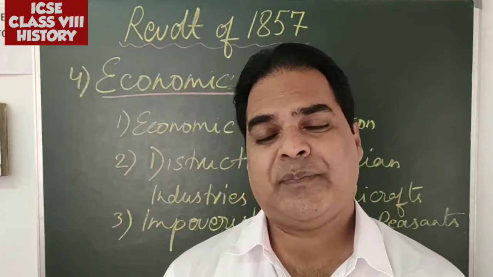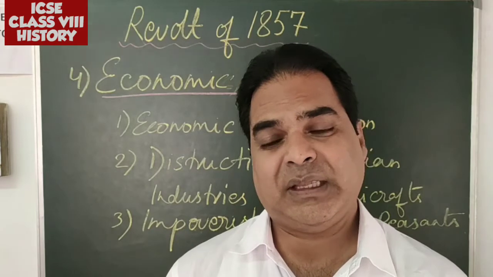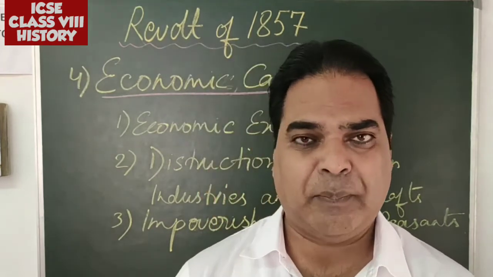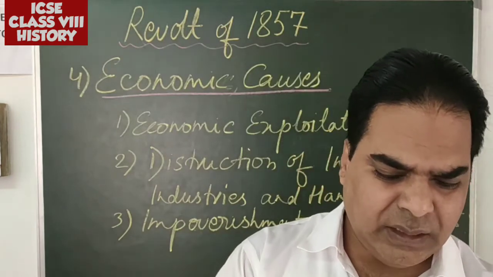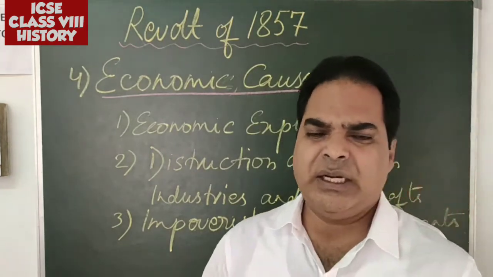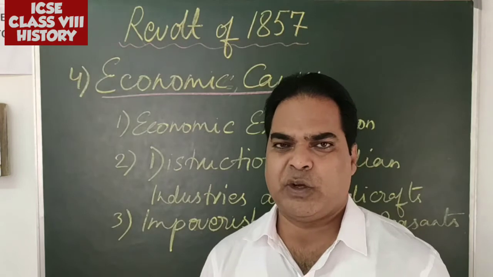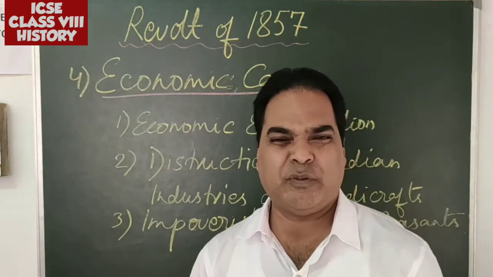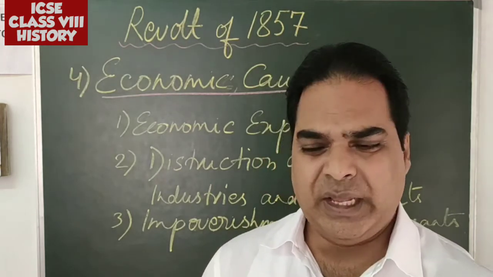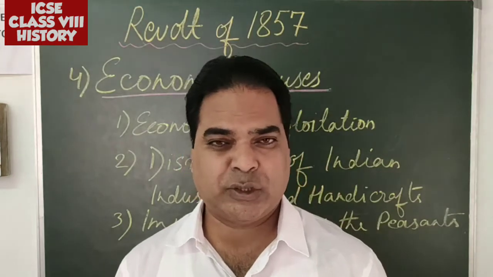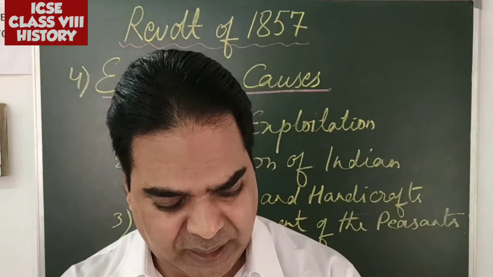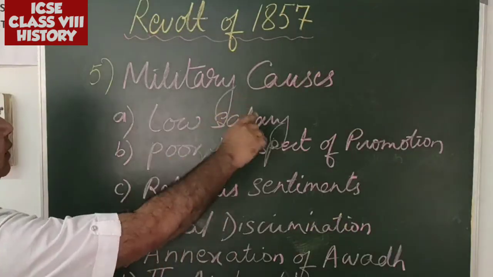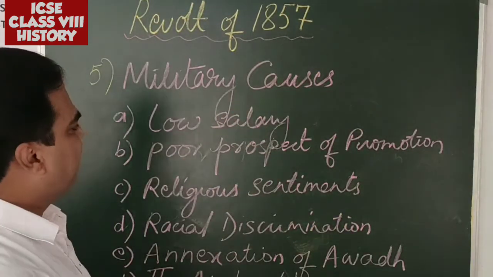So the result was that the burden of loan went on increasing over them, and due to that, the condition of the peasants became worse and worse. They became poor and poor. So this way, impoverishment of the peasants was also one of the most important factors for the revolt of 1857.